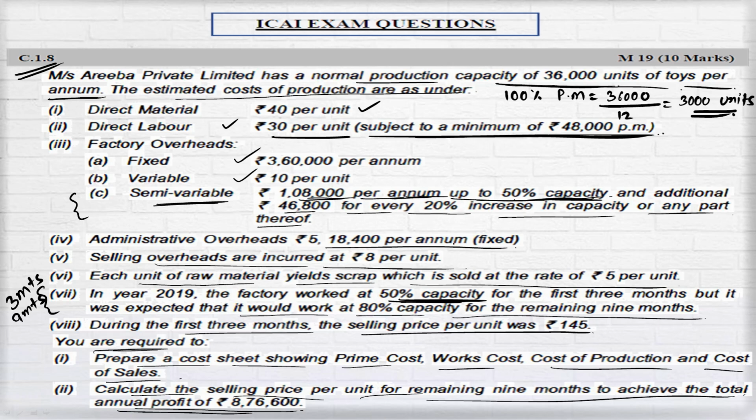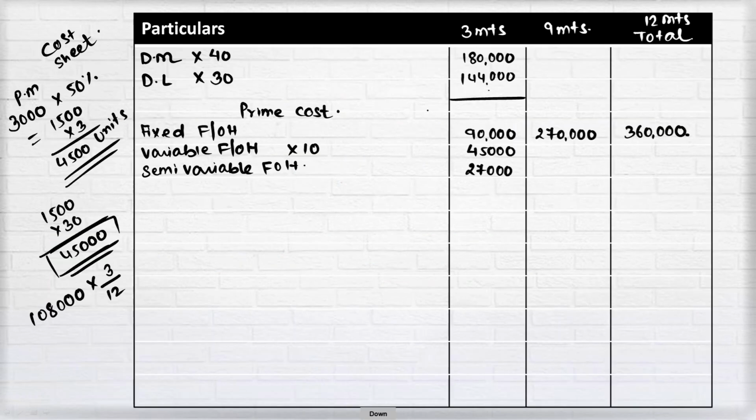Administrative overhead is 5,18,400 per annum. Alright. Prime cost plus factory overhead is which cost? Factory cost. Factory cost plus administrative overhead will be which cost? Cost of production. I can directly write down this is my cost of production. Even COGS.